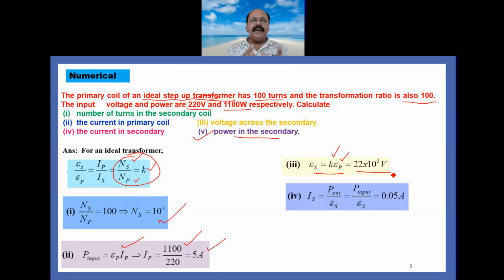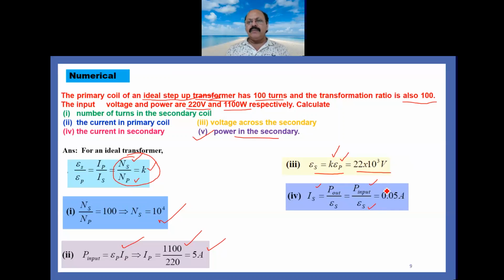Fourth part, current in the secondary coil. As you know that output power equal to ES IS, then IS equal to output power upon ES, but it is an ideal transformer, so output power must be equal to the input power. Then the equation becomes IS equal to input power upon ES.